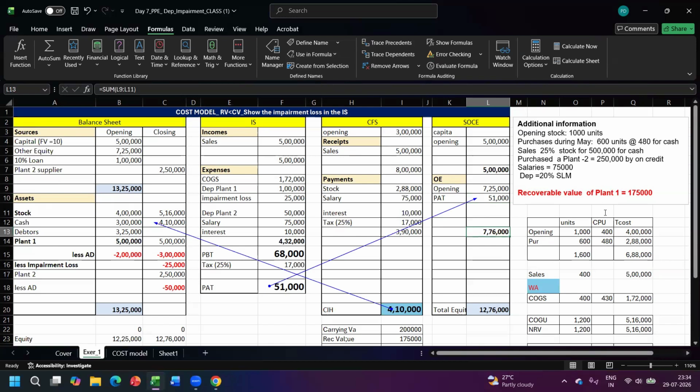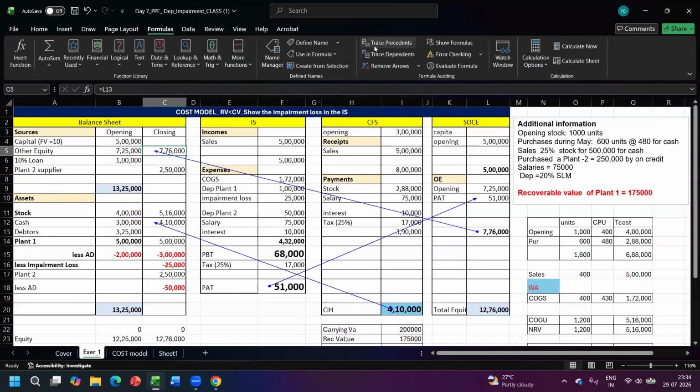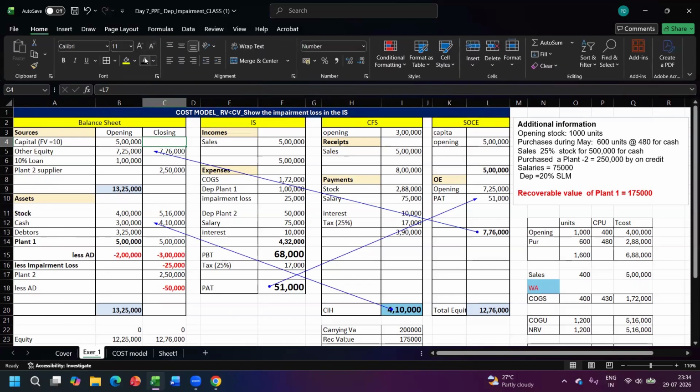Since there is no dividend, the other equity will increase to that extent. And other equity is a part of equity of the company. No change in the capital because the company did not issue any shares. So opening capital is same as the closing capital.